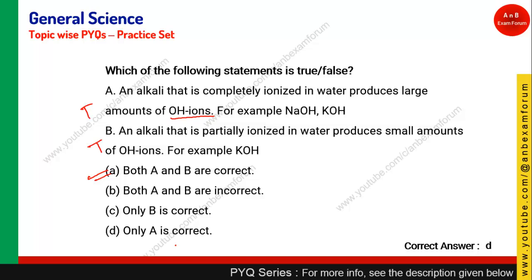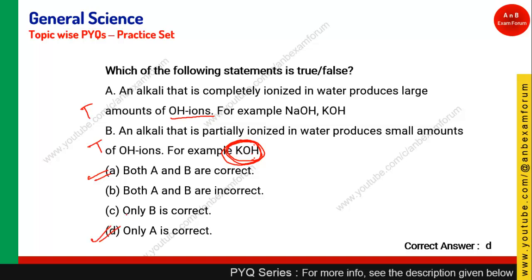Why is it so? This is a tricky one again. It is saying KOH. You should remember KOH is a strong alkali, not a weak alkali. If it is strong, it does not partially ionize, it will undergo complete ionization. Because of this, option B becomes false.